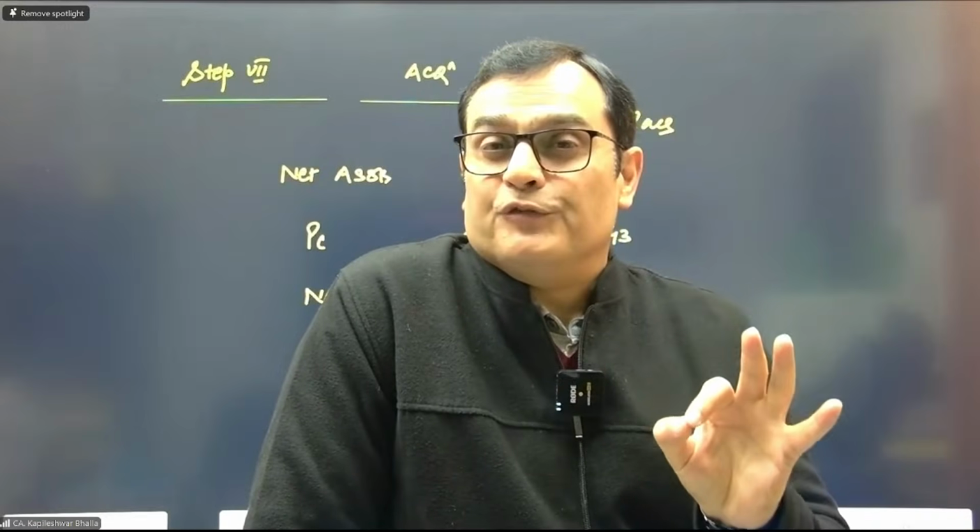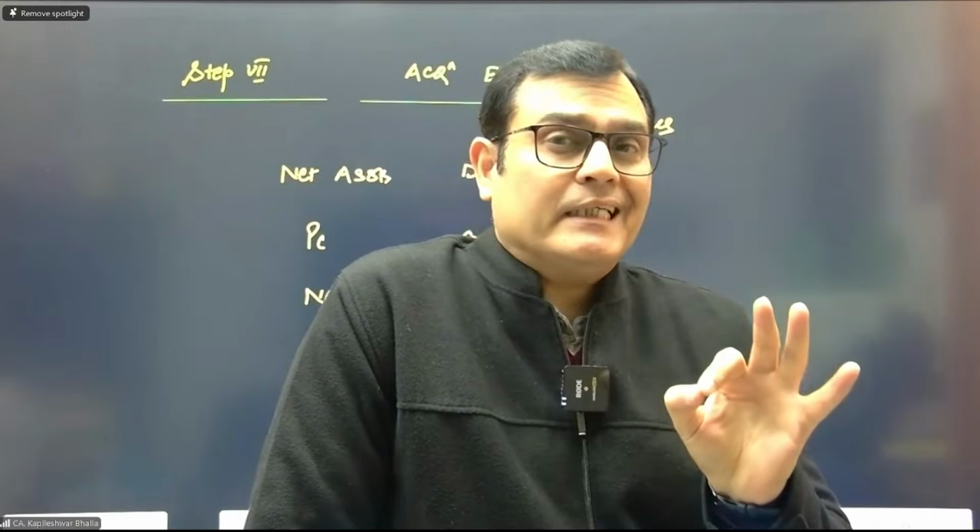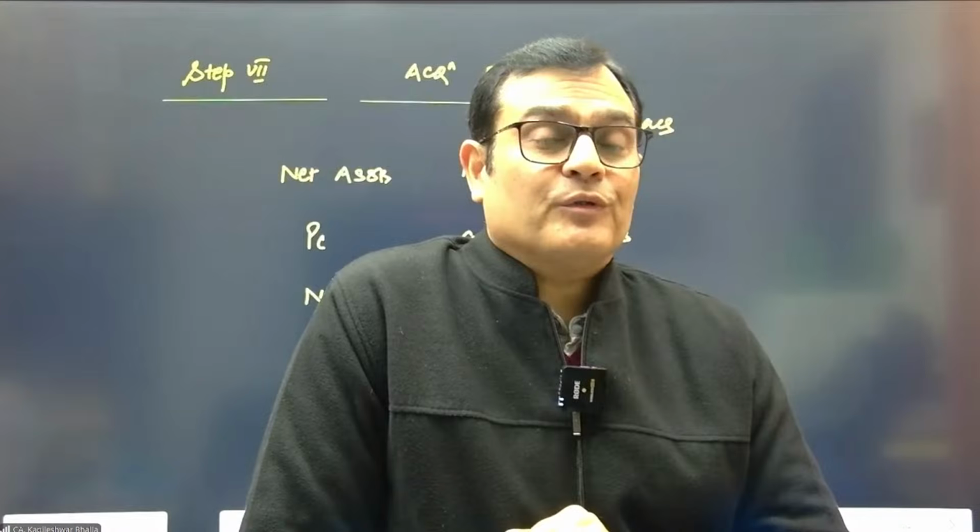Now it's time to give you the connect between Ind AS 103 and 110. Rather, I would say Ind AS 27, 103 and 110. Now hear this very carefully. So I'm just going to give you some inputs to understand this. Let's imagine this is a balance sheet T-shape, and let's imagine this is a balance sheet T-shape.